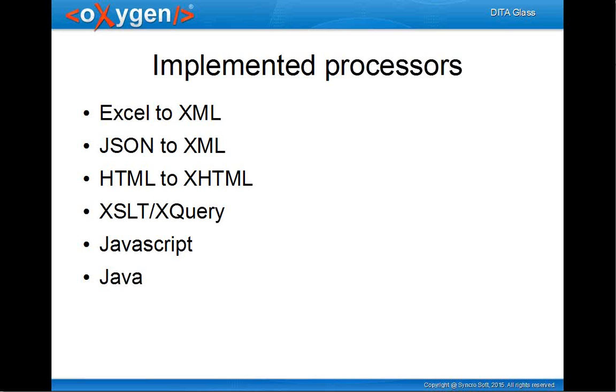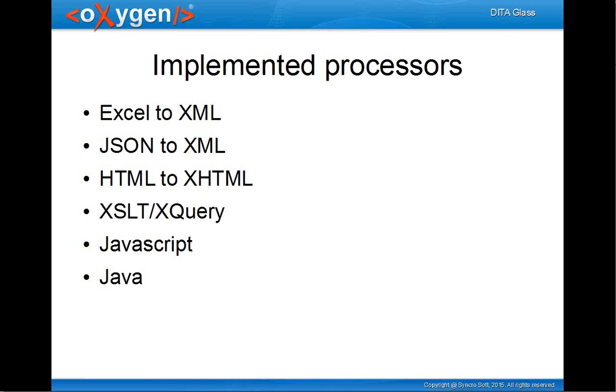A processor which takes not well-formed HTML content, maybe from the web, maybe from an online editor, and makes it XHTML. This is useful because after this conversion we can apply other converters which can take the XHTML and apply some XML style processing on it.